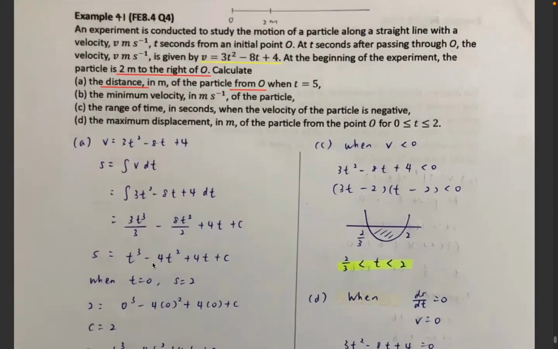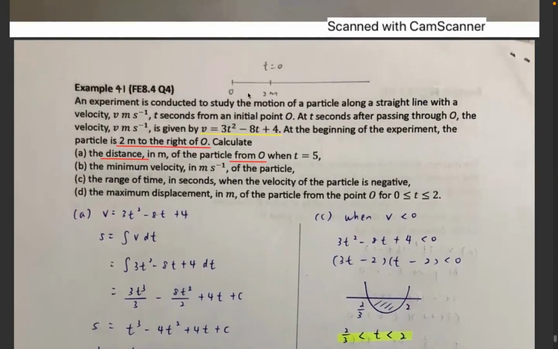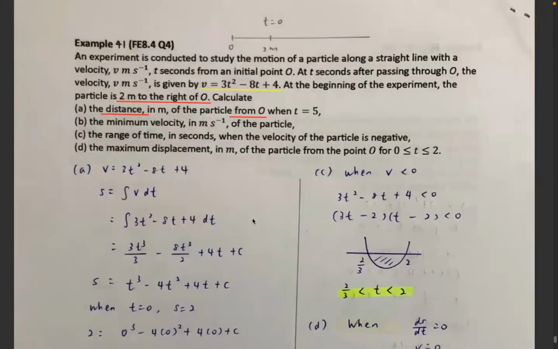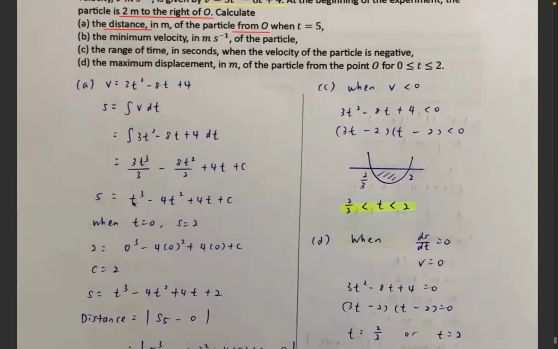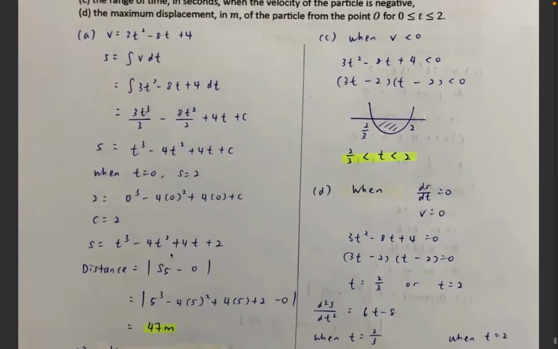After we do integration, we have a plus c at the back. From our analysis just now, when t equals 0, s is actually 2 because the particle starts at s equals 2. So we substitute t equals 0, s equals 2. Then we have c equals 2. So this is the function of displacement.